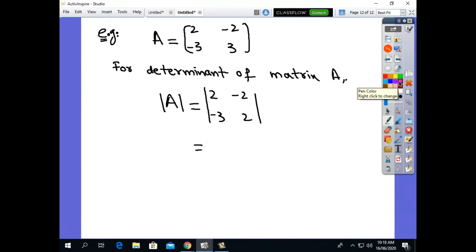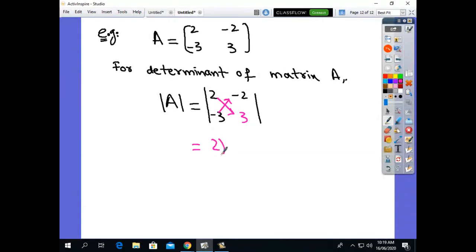Multiply this 2 with 3 and this -3 with -2.